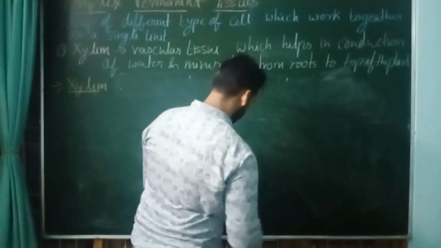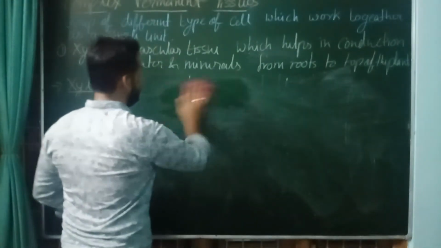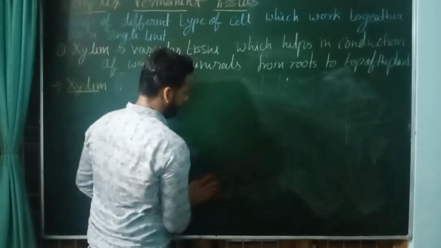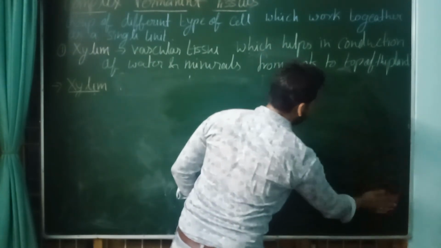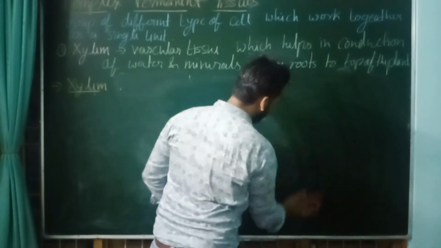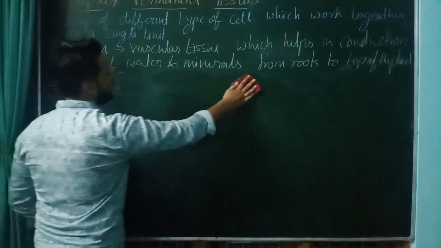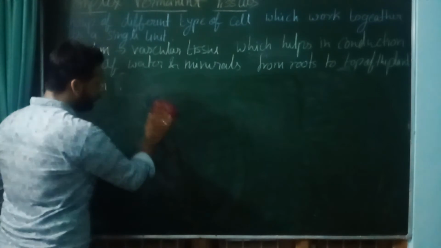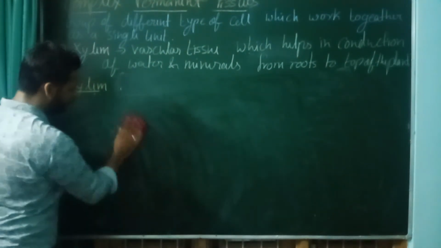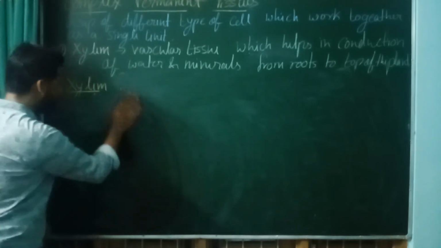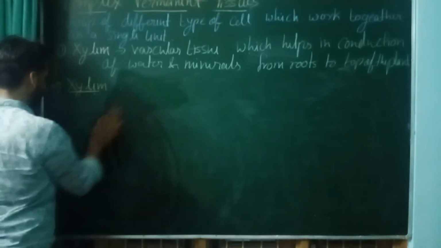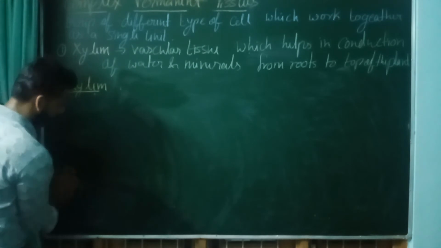Sorry, the board is getting dirty. Let me clear it properly. So here, xylem parenchyma, as I told you, they are living cells and they help in storing food. Yes, they need energy also. They store food in their cytoplasm. You can say they store the food and provide energy.